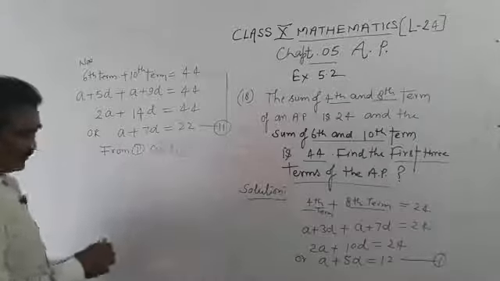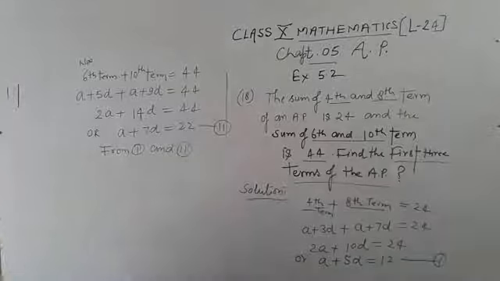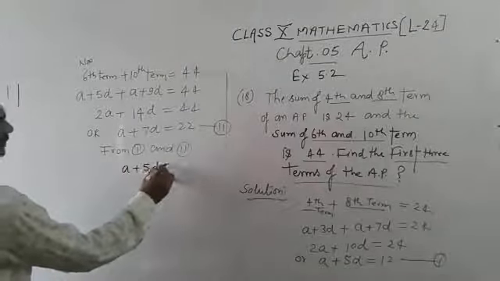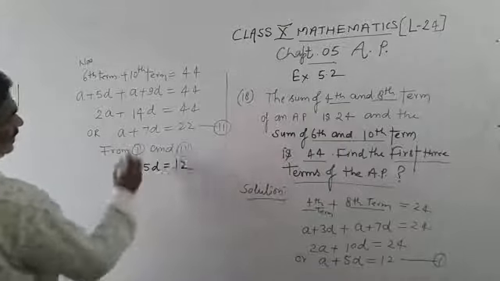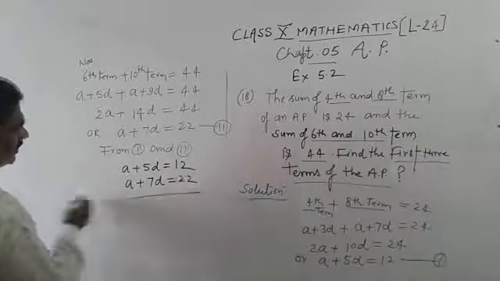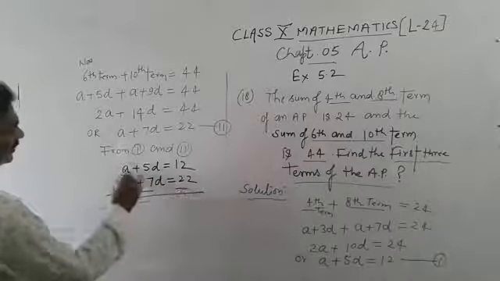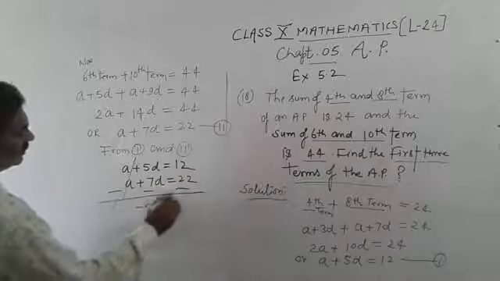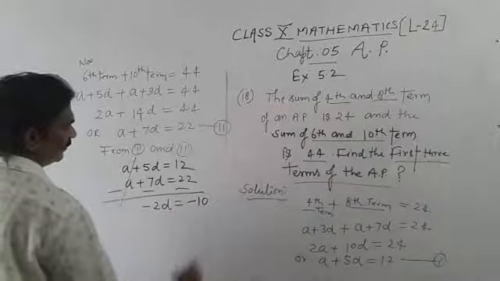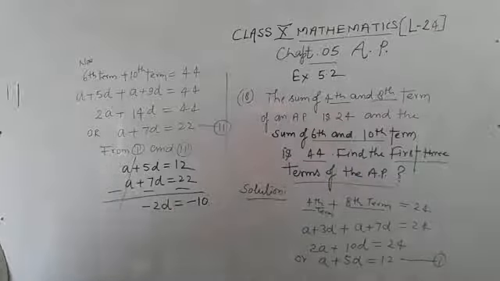equation, the first is a plus 5d is equal to 12 and the second is a plus 7d is equal to 22. Now subtract: a minus a cancels out. Minus 2d is equal to 12 minus 22, which is minus 10. Okay, students.